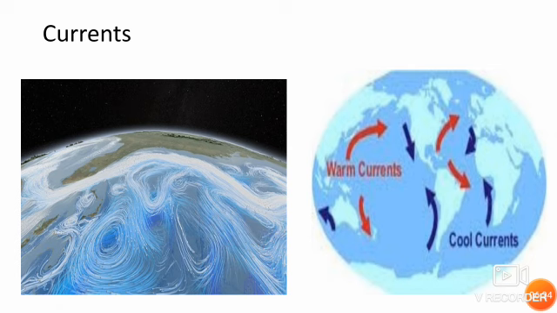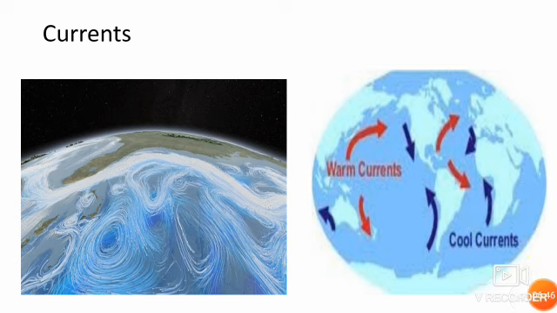Now, currents. In the oceans, water is found to move from one part to another in big streams. These streams flowing in a definite direction on the surface of the ocean are called ocean currents.